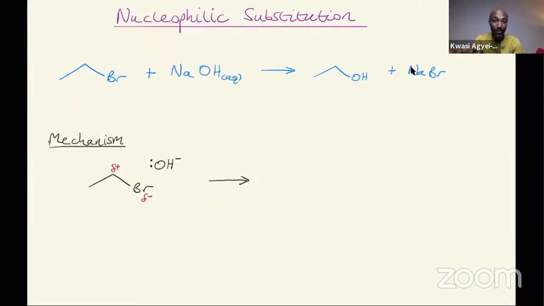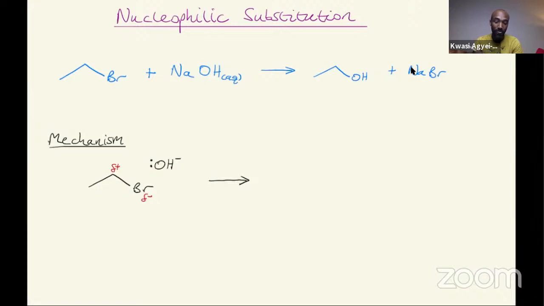As a result of that polar C-Br bond, our carbon atom with the delta plus is very susceptible to attack by nucleophiles. We described on the previous page that a nucleophile is an electron pair donor. So there's a pair of electrons on your hydroxide ion that can be donated to form a bond between the oxygen and the carbon atom of the C-Br bond.